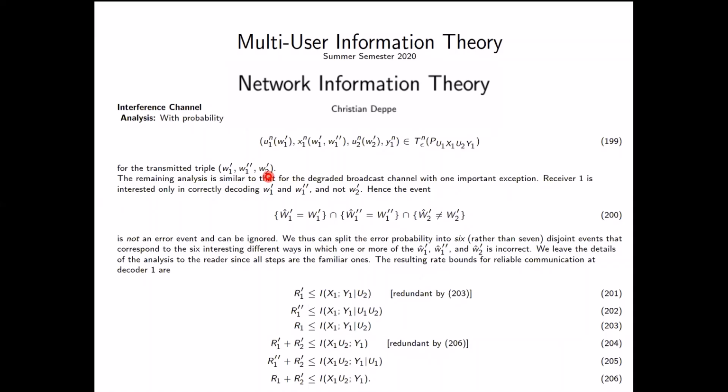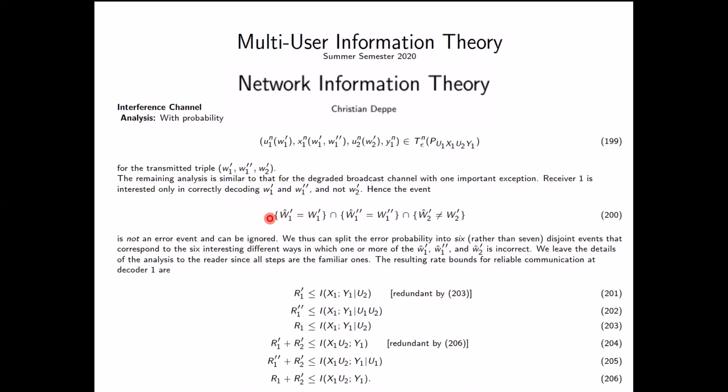And now the remaining analysis is similar to that of the degraded broadcast channel, with an important exception. Receiver 1 is interested only in correctly decoding W1' and W12', and not W2'. So this event doesn't matter. If this event is wrong, it doesn't matter, because his goal is only to receive correctly W1.